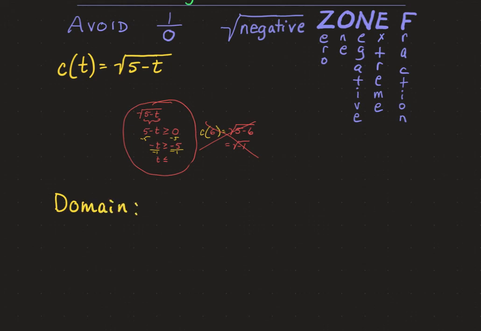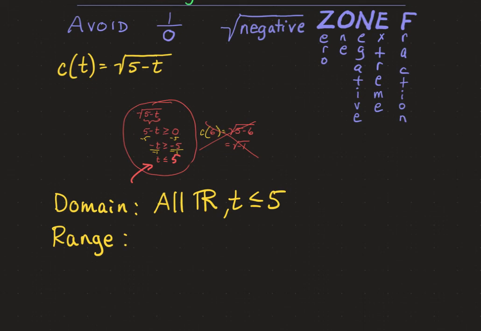It is obvious from this that the domain is all real numbers t less than or equal to 5. So if that is the domain, what is the range? If t equals 5, we get 0. If t is less than 5, we get some positive numbers.